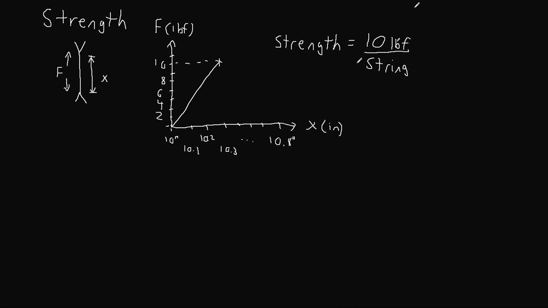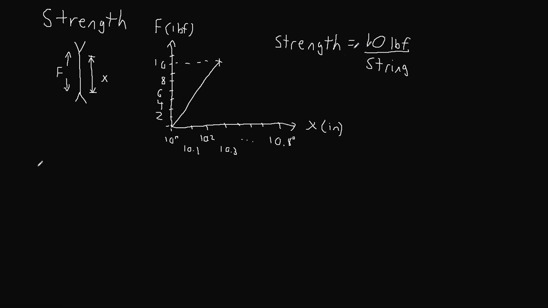This may seem like a simple difference, but it really does make a big difference in engineering, because here we're saying that the strength is 10 pounds as a property of the string. So if we were to have 2 strings, we could support 20 pounds, and 3 strings would be 30 pounds, and so on and so forth.